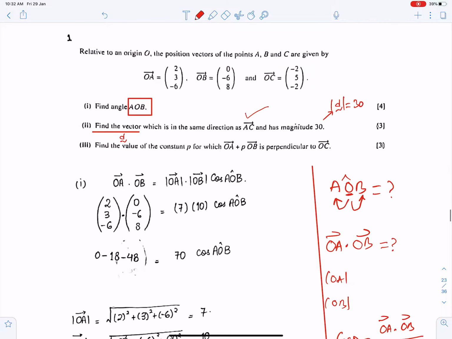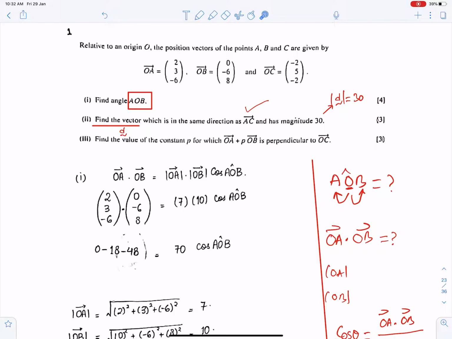Now the last part of this question. Find the value of the constant P for which this vector is perpendicular to OC. Now first get this vector OA plus POB, and perpendicular means the dot product of these two vectors must be 0. I told you when two vectors are perpendicular, then their dot product is always 0.